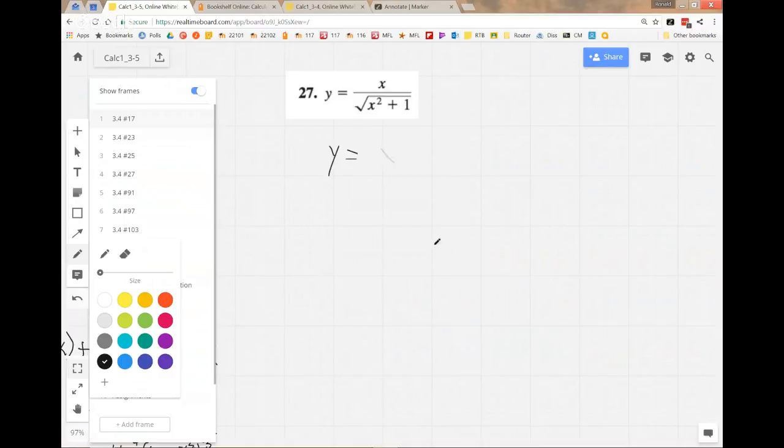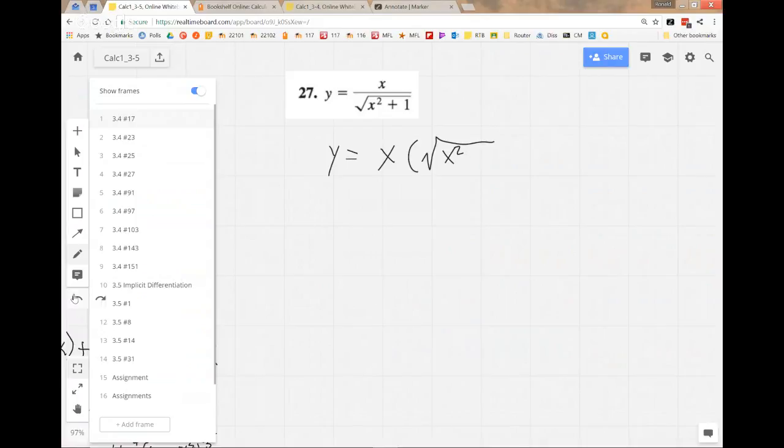So if we wrote it like this, we could think of this as x squared plus 1 to the negative 1/2 power, right? It's a negative because it's from the denominator, and it's 1/2 because it's a square root. Now we could do a product rule. And anytime you can reduce a quotient rule to a product rule, it's just a little bit less complex.